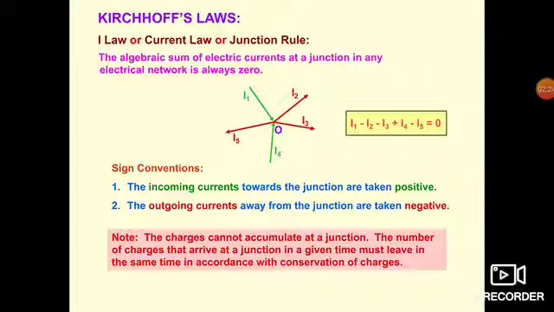It means we cannot say that the charges are accumulating at a junction. How many charges are coming to a junction in a given time, they should leave at the same time if we have to follow the law of conservation of charge.